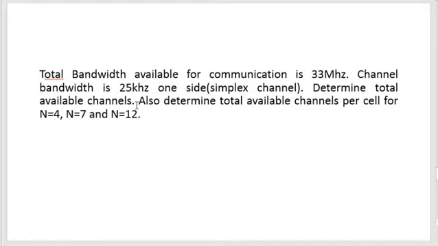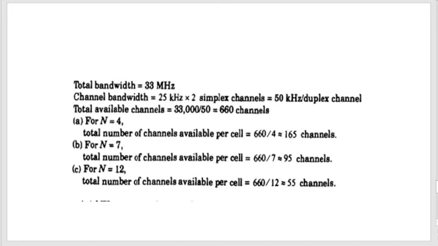It is very simple. This is your total bandwidth, and this is the bandwidth of a channel. So 25 multiplied by 2, as I told you before. And this 33 is multiplied by 1000, basically converting to kilohertz. So the total number of channels coming out is 600 channels.